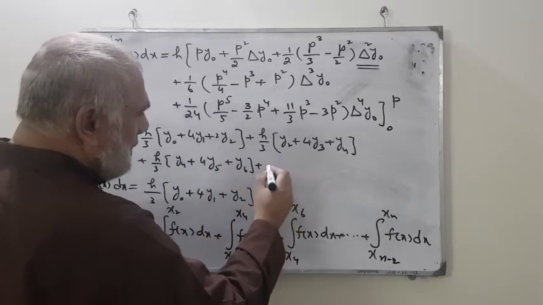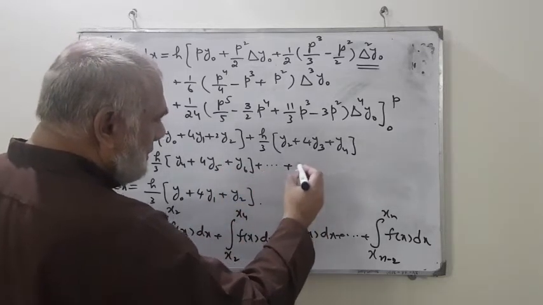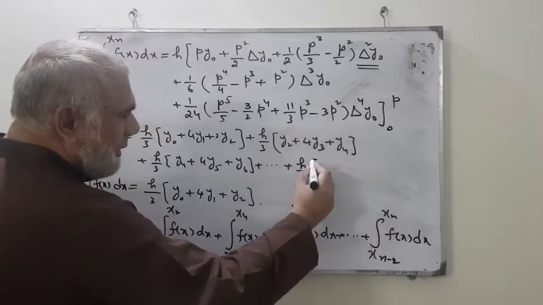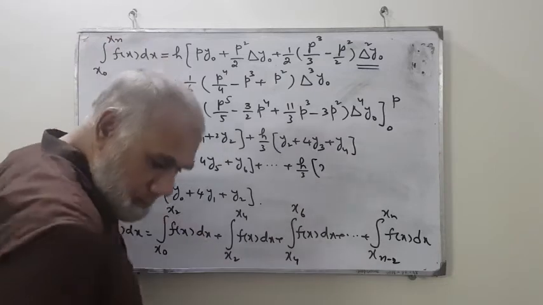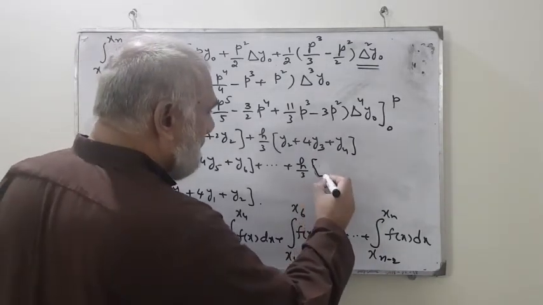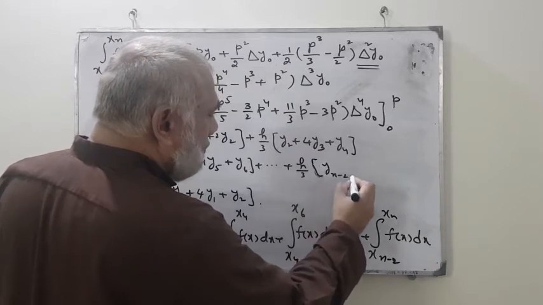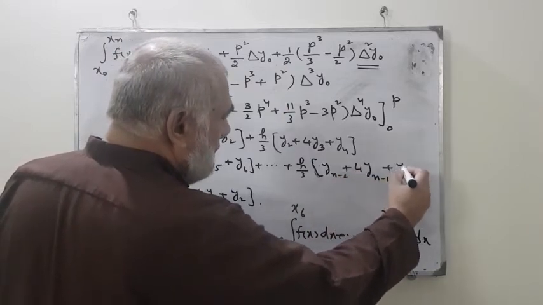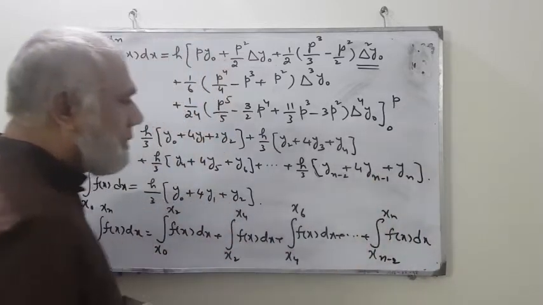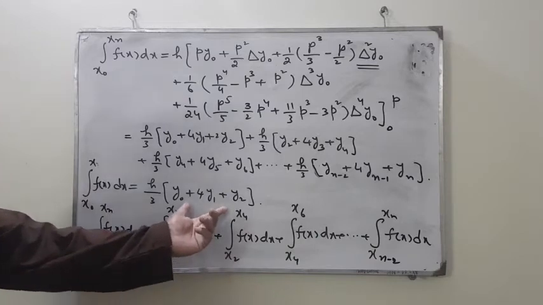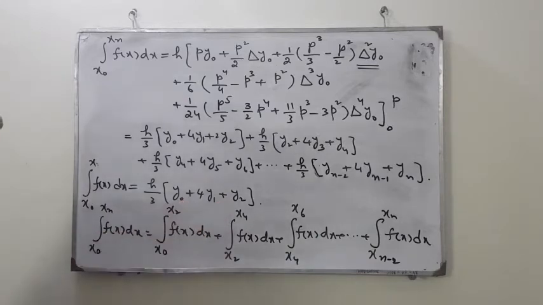And if we keep on writing on the same pattern, the last integral can be replaced by yn minus 2 plus 4 times yn minus 1 and yn. So here we have replaced all these integrals with the results like this.